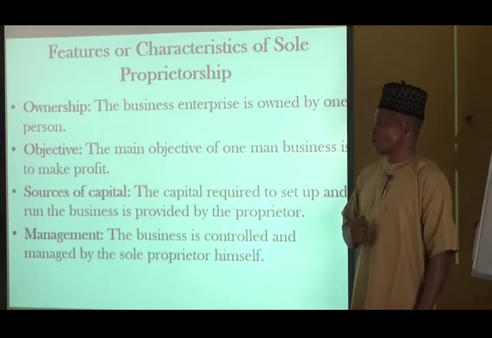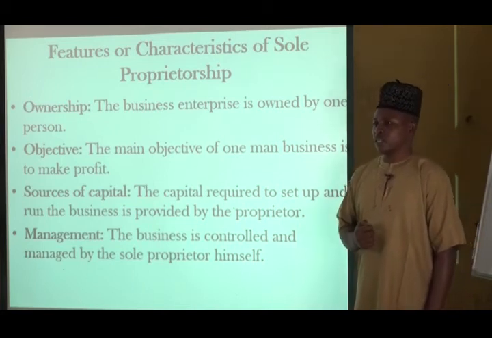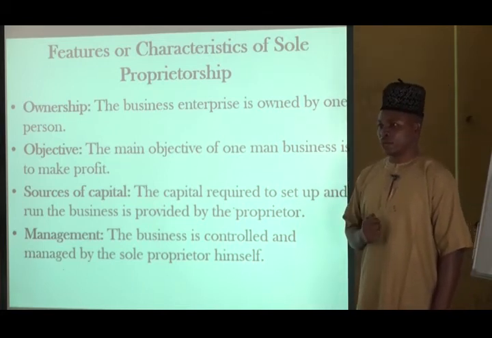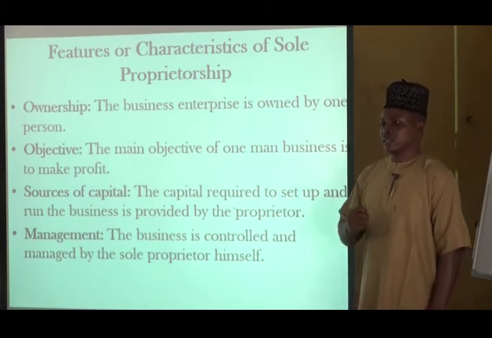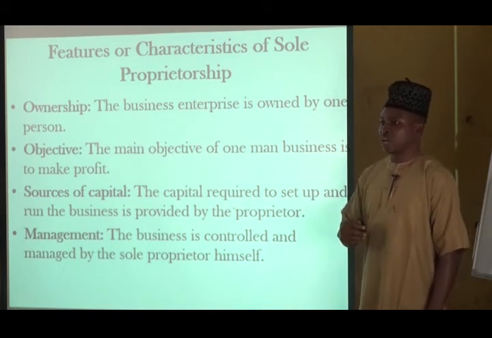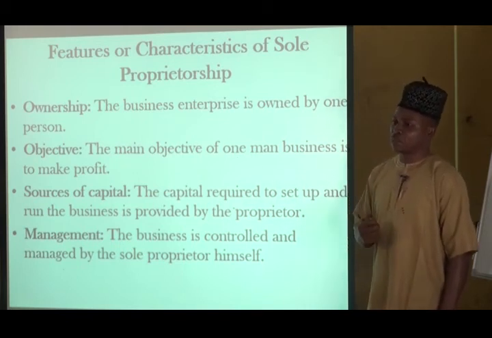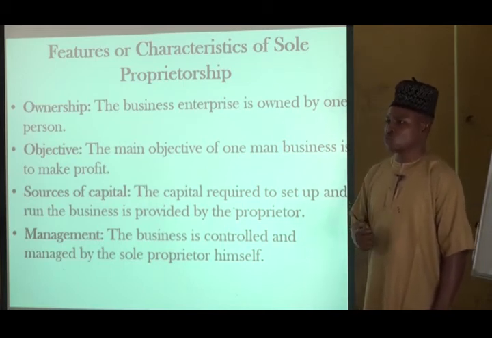The capital required to set up this type of business is provided by the proprietor, the owner of the business. He cannot expect to get the capital for the business from anybody. He provides the capital himself, unlike the partnership business where the membership ranges between 2 to 20 people.